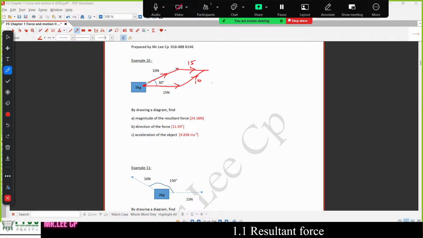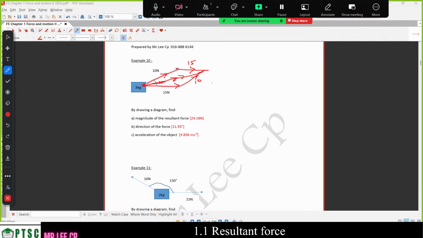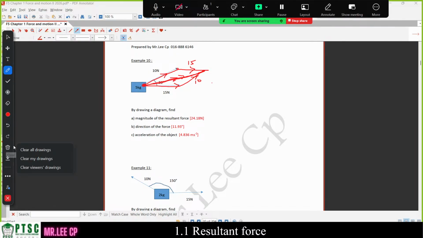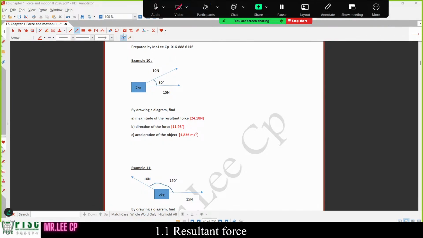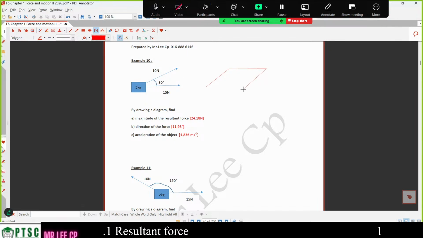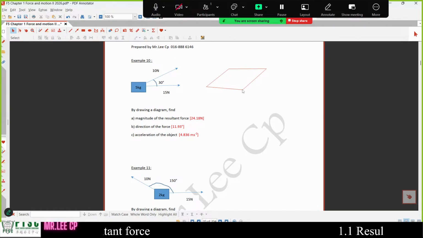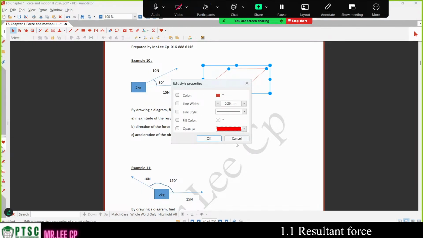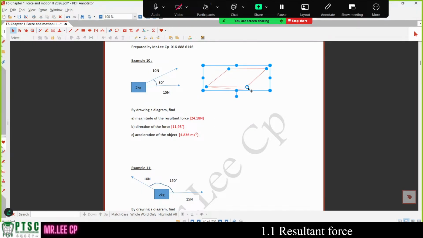Your force is from here to here. This is the resultant force, from where you start to where you stop. Okay, so we draw in one go. Okay, like that.